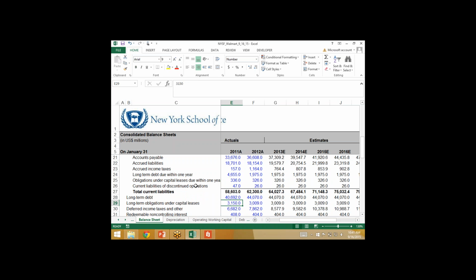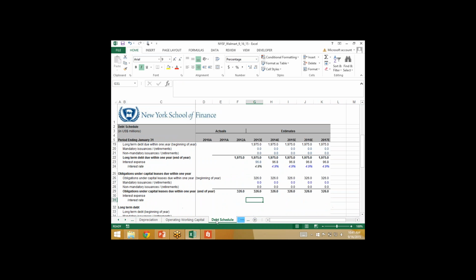So I'm literally going to take the interest expense in 2012 divided by the average of 3150 plus 336 and 326 plus 3009. I hard-coded this in the book. I'm going to link it in the model just so you see exactly where it comes from.